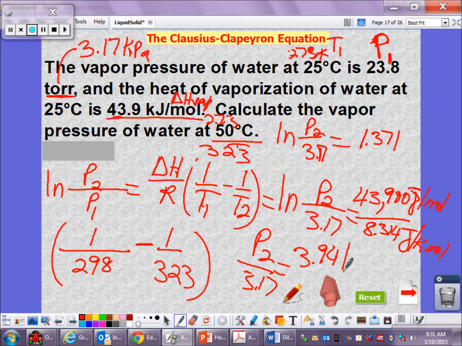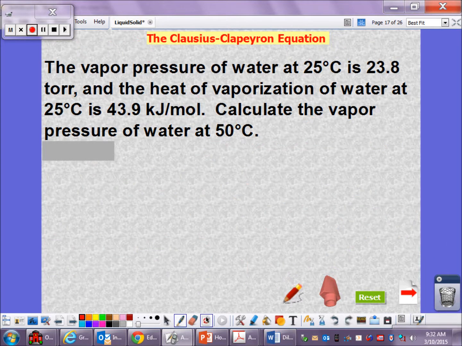And then here we can cross multiply. P2 equals 3.941 times 3.17, which is 12.49. And this is pressure. But we did convert the first pressure to kilopascal, so this would be kilopascal.